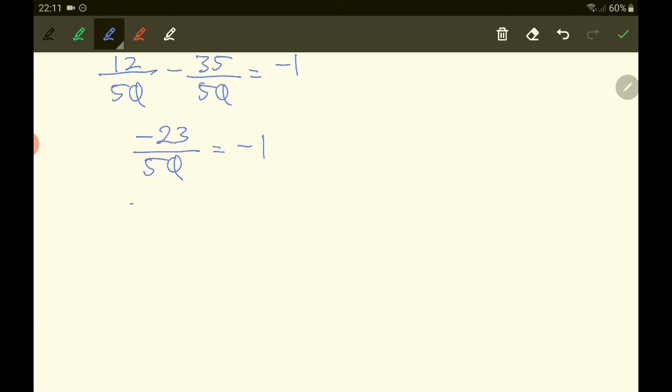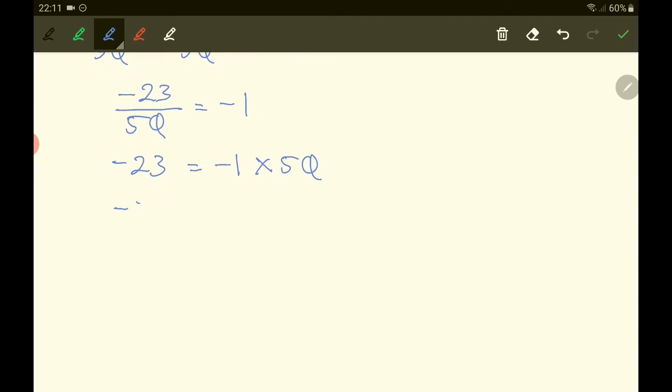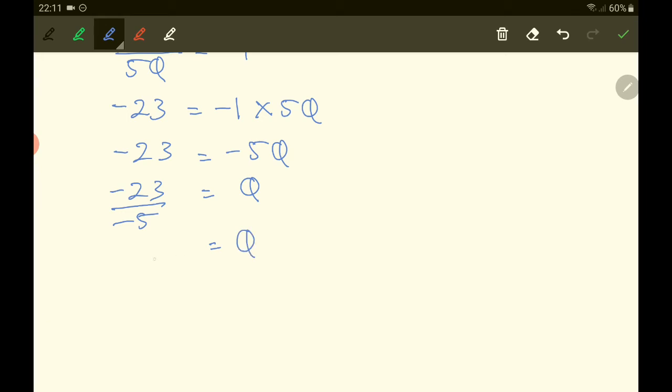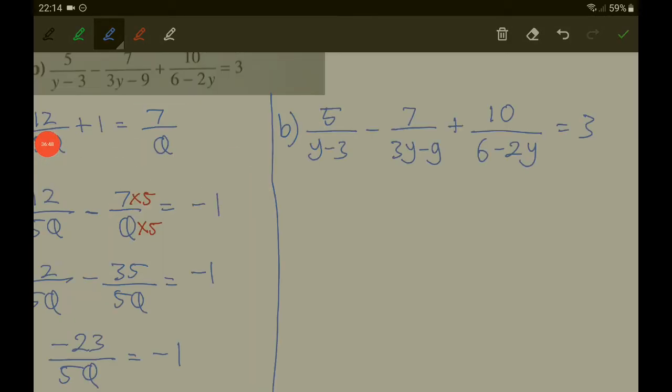So minus 23 is equal to minus 1 times 5q, so we have minus 23 equal to minus 5q. To find q, q is equal to minus 23 divided by minus 5, so q is equal to 23 over 5. Done, we got the value of q.